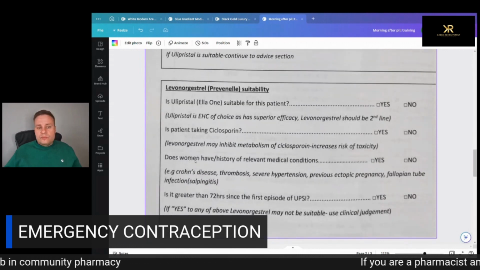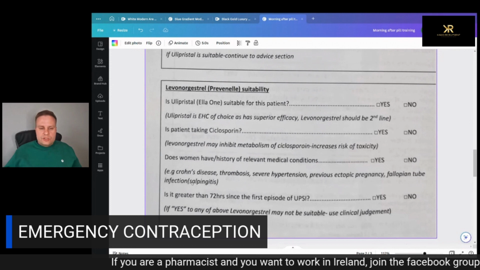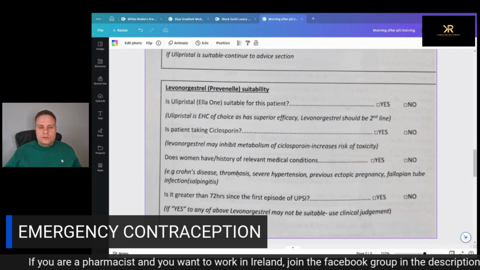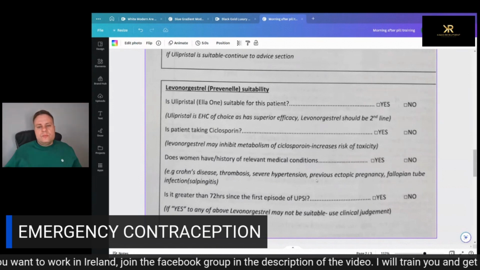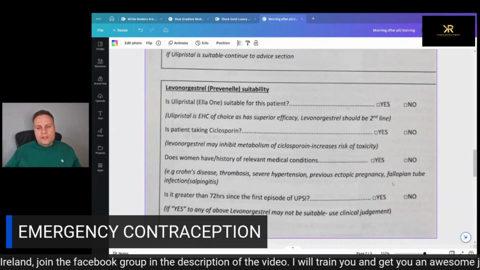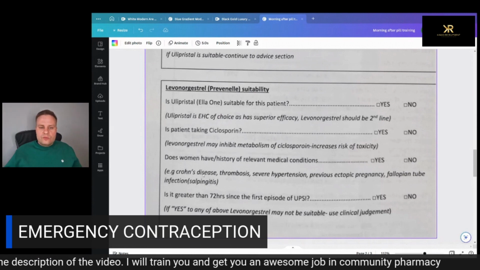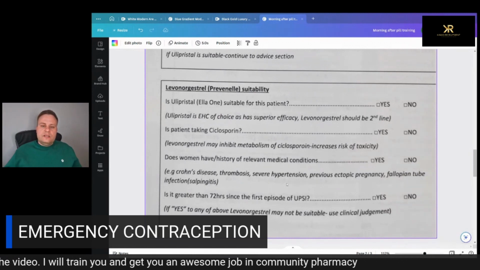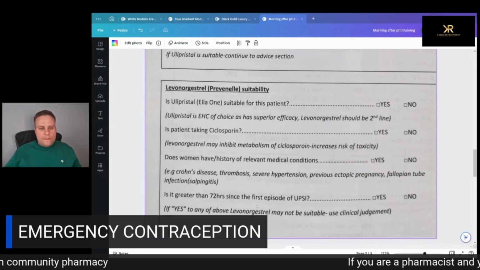And does the woman have a history of relevant medical conditions, amongst which Crohn's disease, thrombosis, severe hypertension, previous ectopic pregnancy, fallopian tube infection? So you have to go through all of these and ask if she's suffering from any of these. And then you tick yes or no.